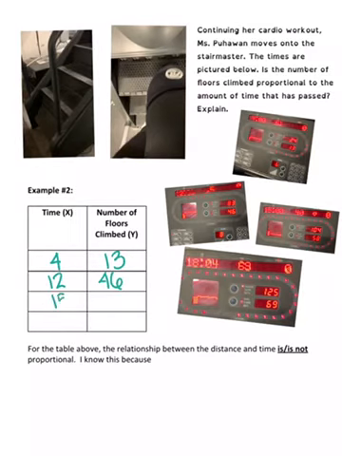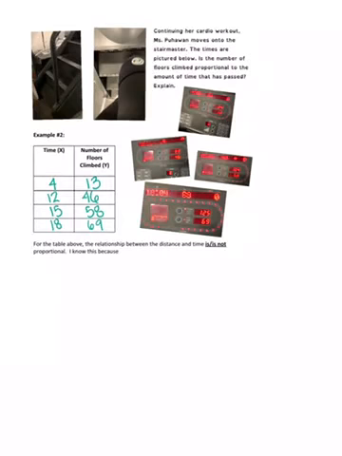At 15 minutes, I climbed 58 floors. And the very last part, at just about 18 minutes, I had climbed 69 floors. So we want to tell whether this table of time versus number of floors climbed represents a proportional relationship.